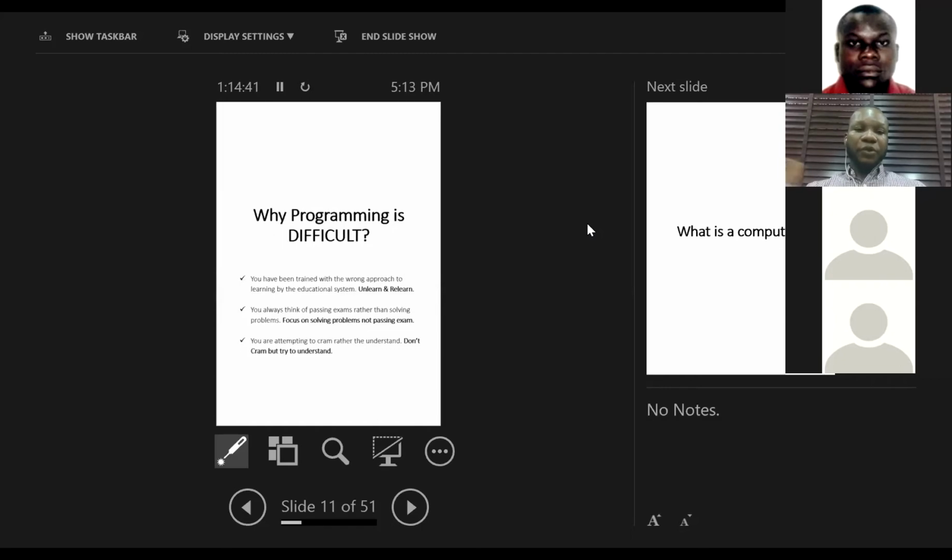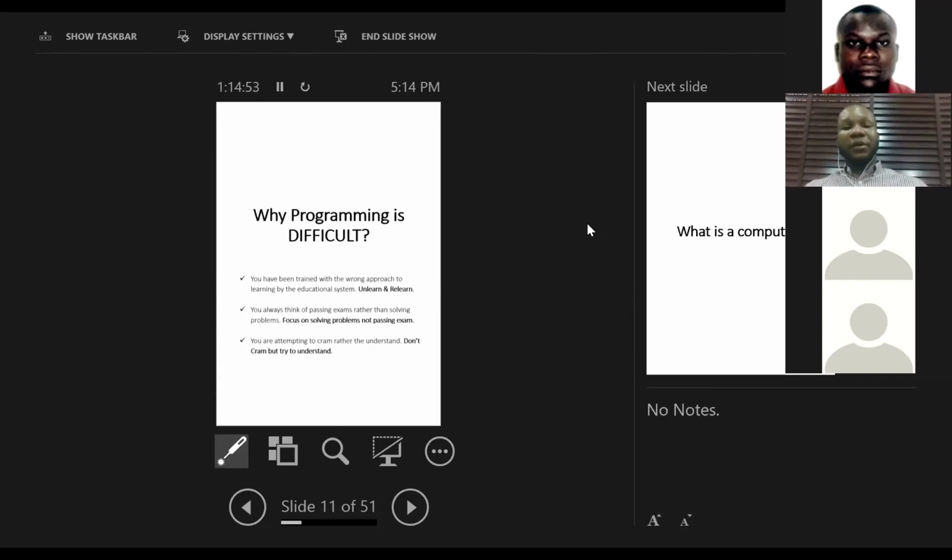Okay, so the next thing is, you always think of passing exams rather than solving problems. The major job of a software developer is actually to solve problems. Note, I'm using the words interchangeably: programmer, software developer, coder, coding, programming, software development.